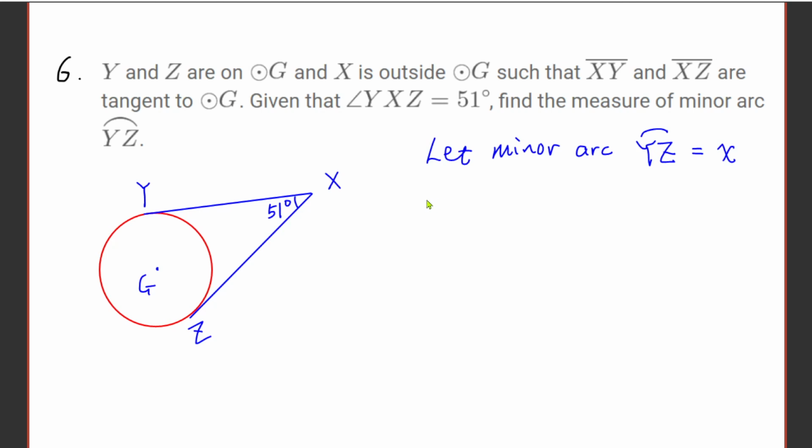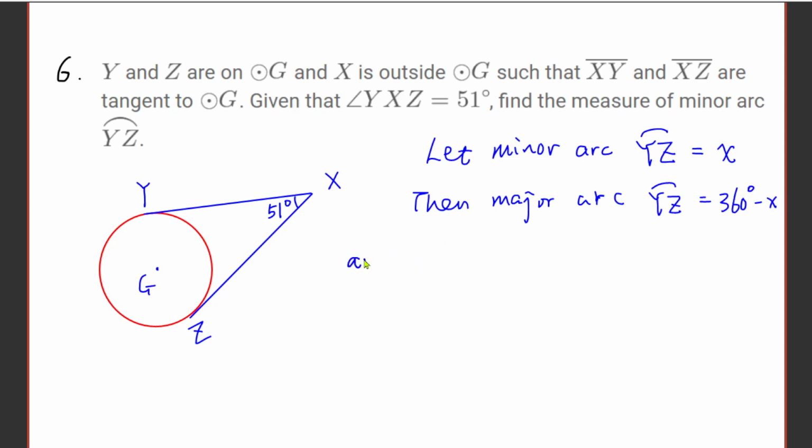So in that case, the major arc YZ should equal 360 degrees minus x, right?